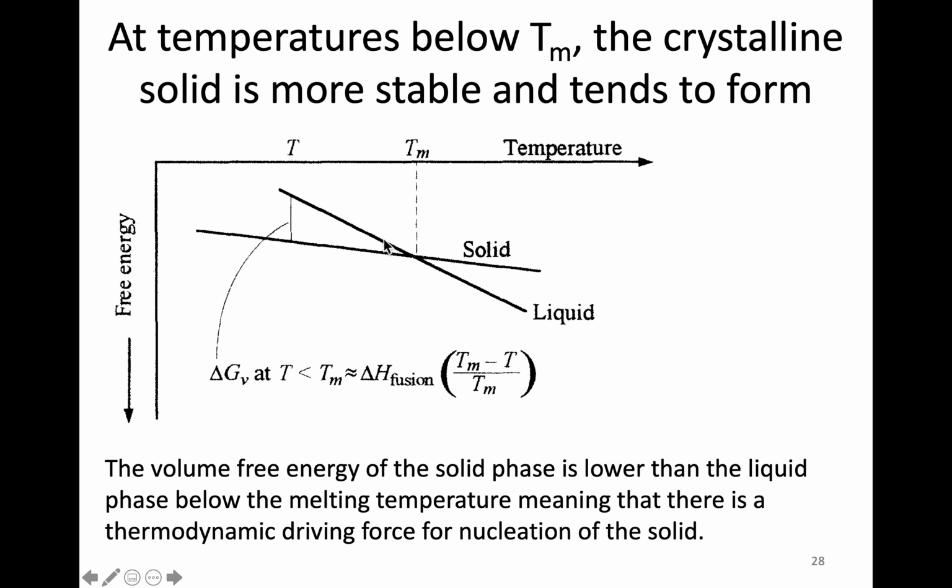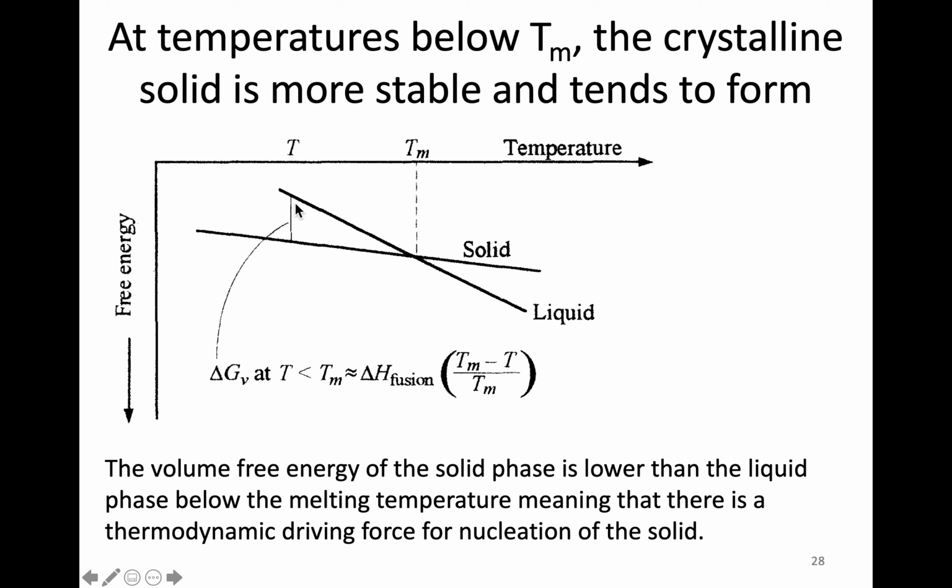However, when we go to the other side, we see that they cross and go the opposite way. Now the liquid is at a higher free energy and the solid is at a lower free energy, which again tells us that the solid is the favorable phase. So based on this thermodynamic argument, the solid is going to be more stable and tends to form below the melting temperature.